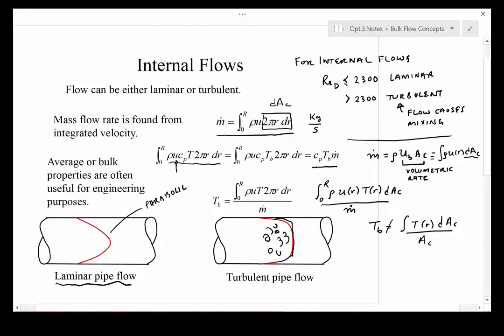A simple case to make this clear is, imagine that you have a flow in a channel, say, as compared to a tube, because it's just a little easier to understand, and half of the channel has a fast flow, and half of it has a slower flow. So here's the velocity in the channel.